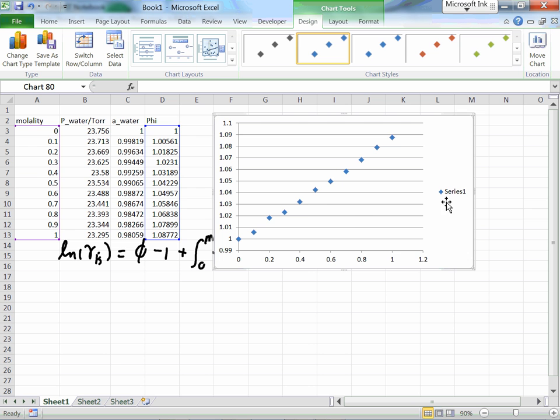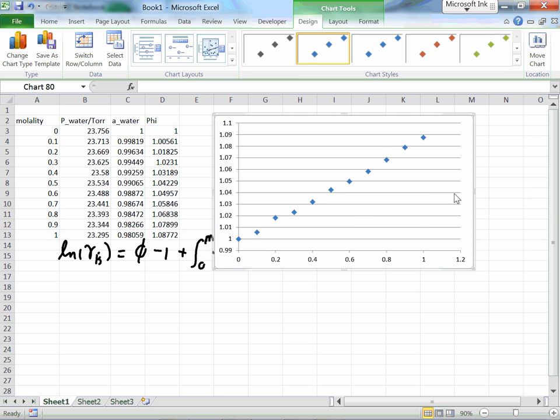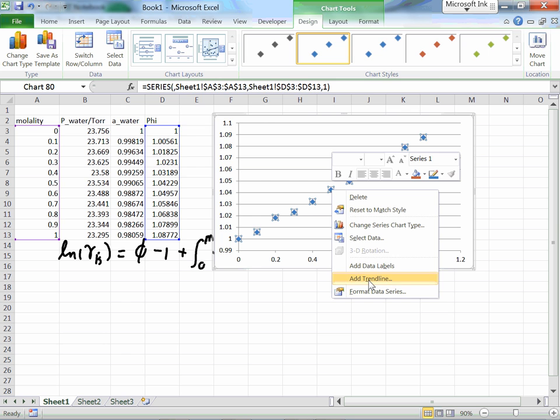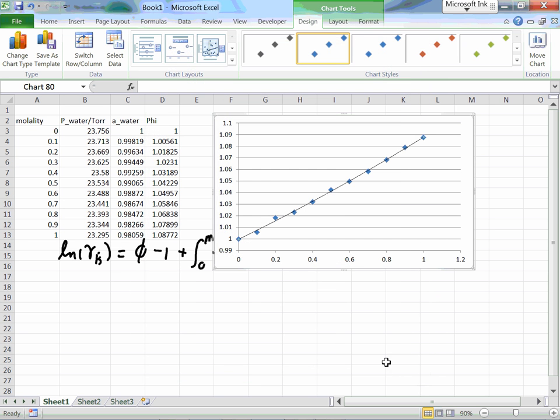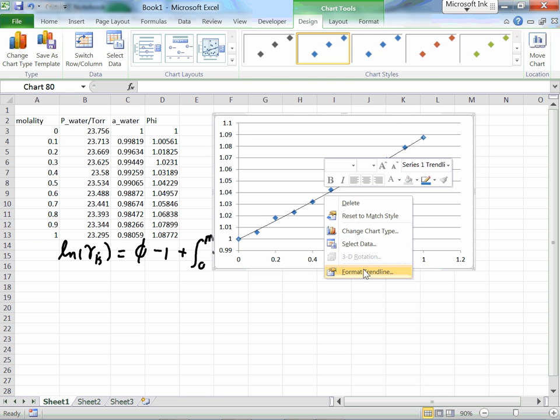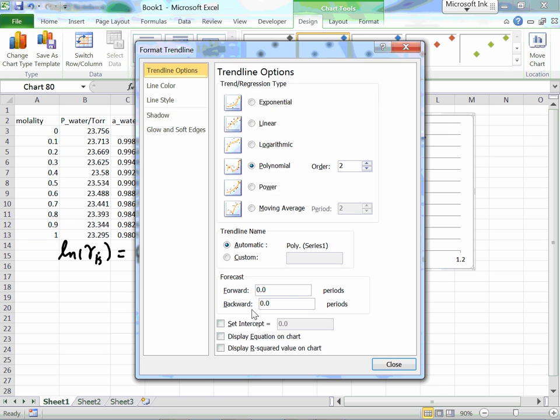So we can try to fit this to a polynomial. Let's not do a straight line, let's just do a quadratic polynomial. And you'll notice that's a very good fit right there. Let's show the equation. Now we want to force our intercept to what? 1, right?